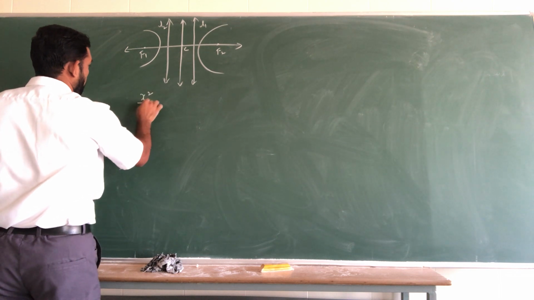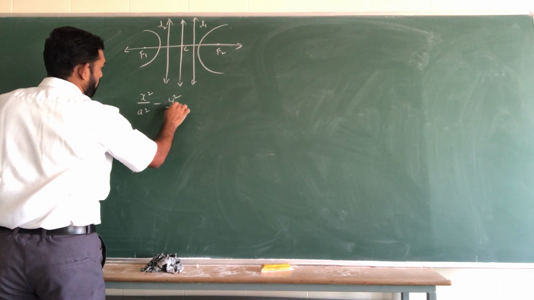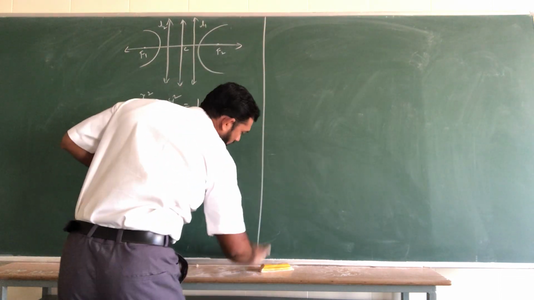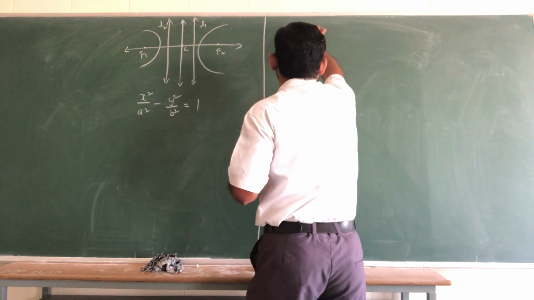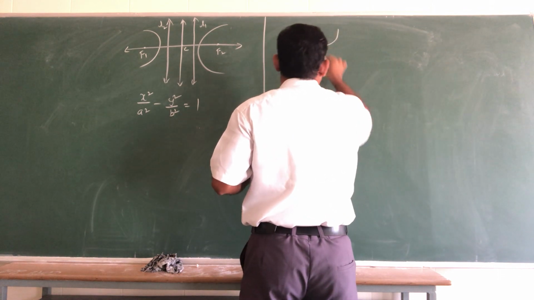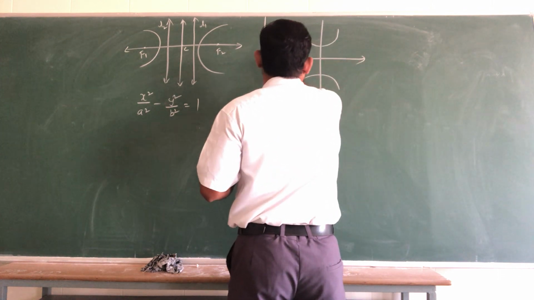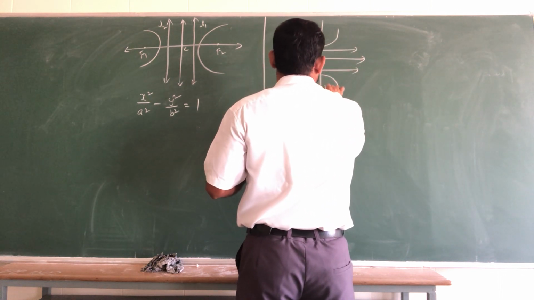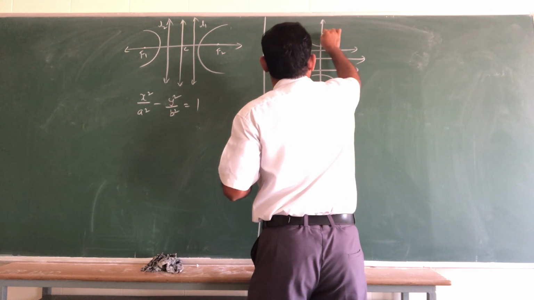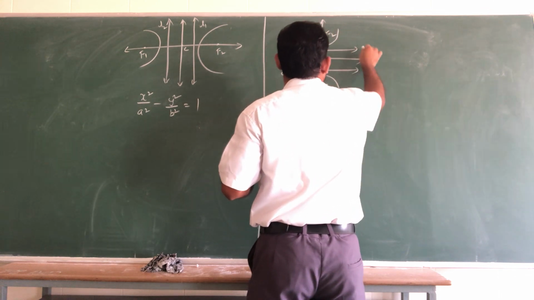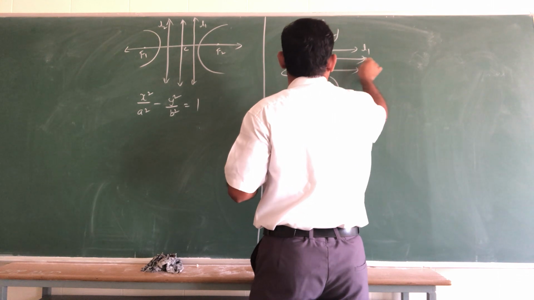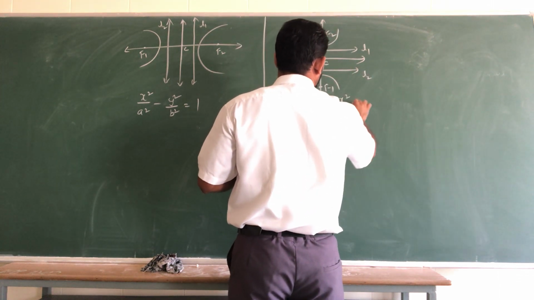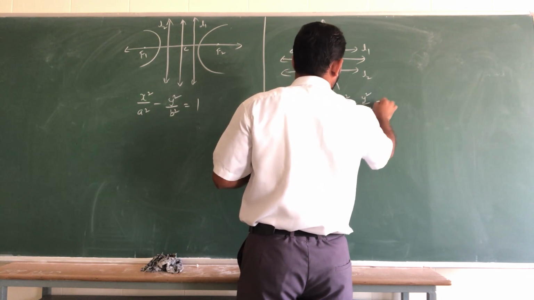Equation x square by a square minus y square by b square equal to 1. Another one: x square by a square minus y square by b square equal to minus 1.